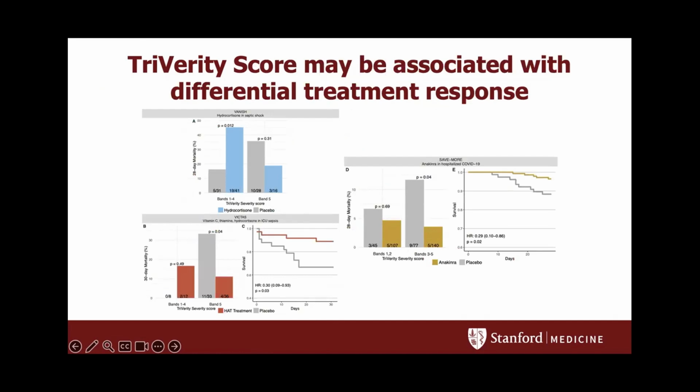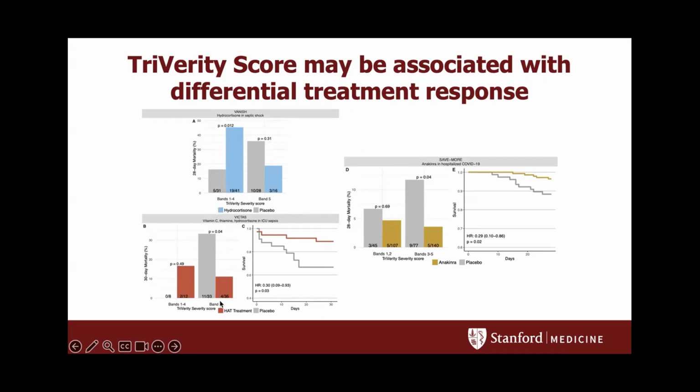So again, across 2 ICU clinical trials, Trivarity was associated with differential response to steroids. You can see here on the left. So this is quite small, but essentially what I'm showing here is that in the VANISH cohort, which was septic shock, when you identify sort of low-risk individuals, patients who received steroids actually died more frequently.